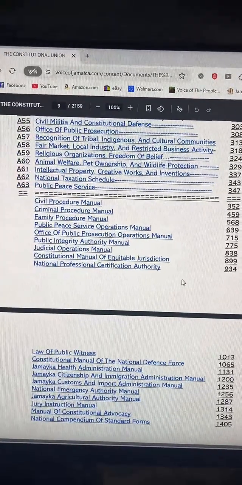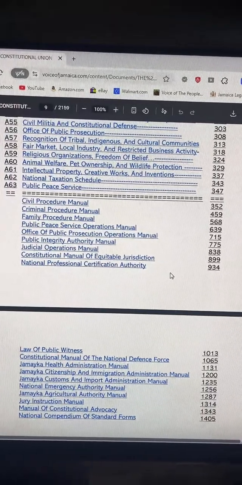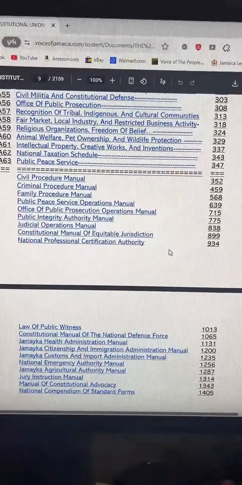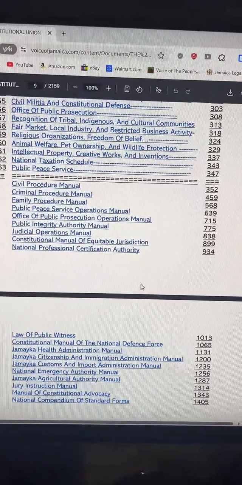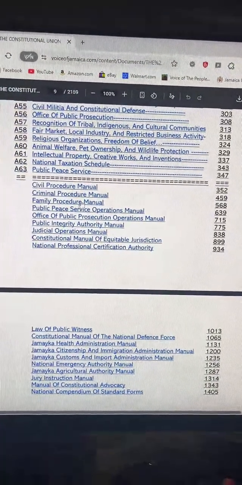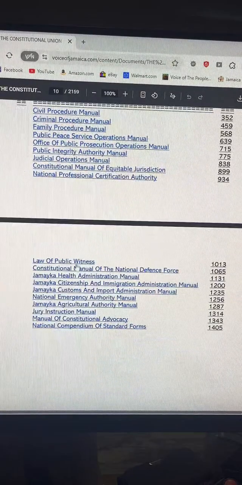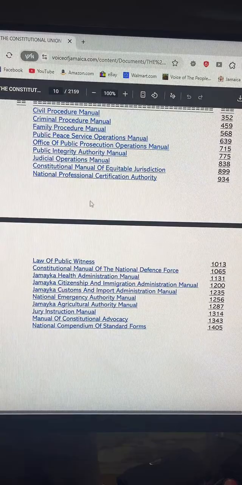So again, if you downloaded the previous draft of the Constitution, this is the updated version. So now all of the manuals are actually linked within the PDF, so you don't have to scroll through over 2,000 pages.